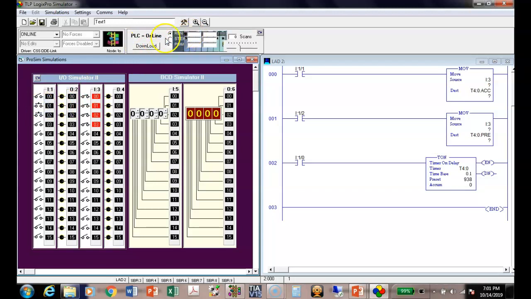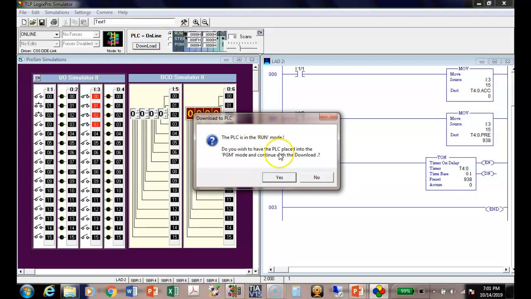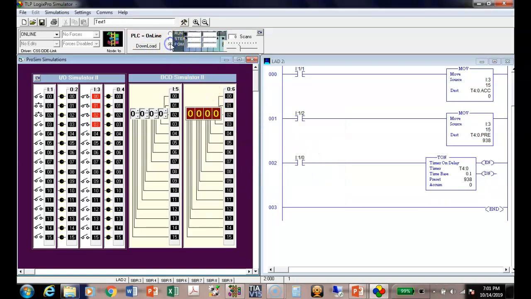Download. See, it says it's in run mode. And notice what happened. It loaded in 15, right? All right. Oh, wrong one. This one. And then I'm going to do this guy right here, which is 2.